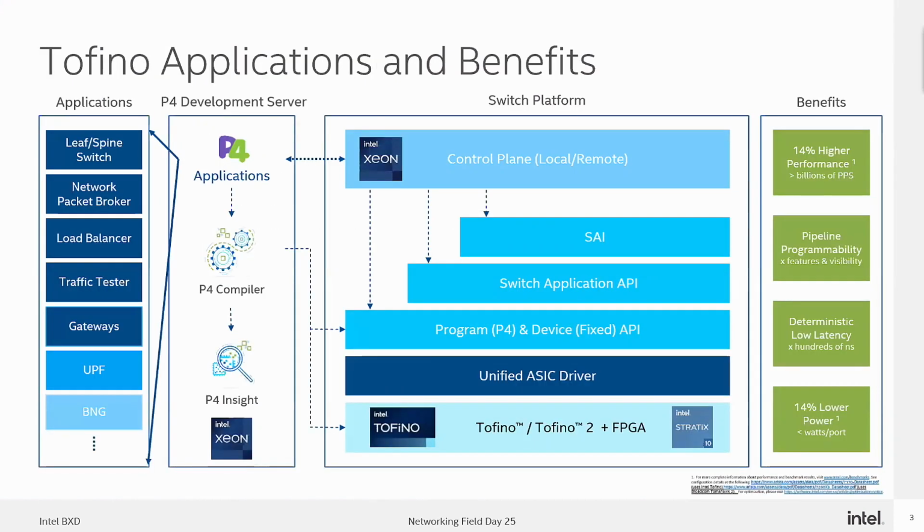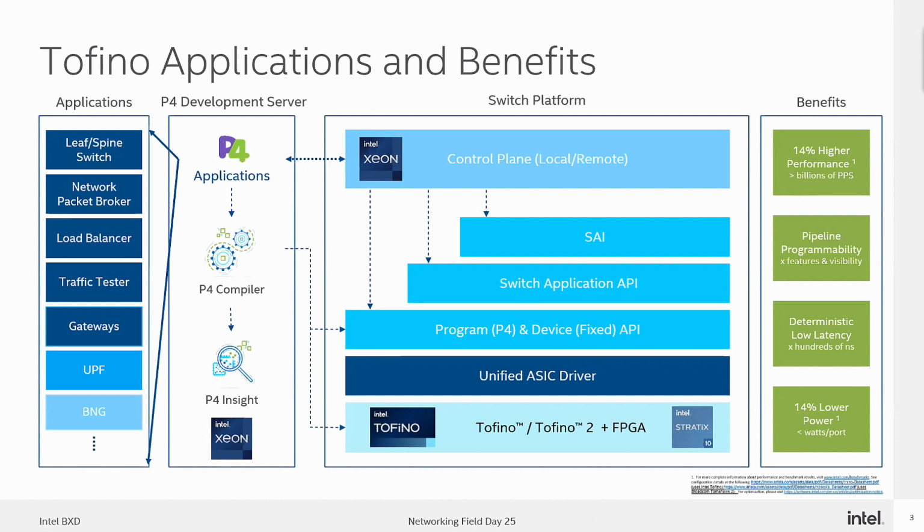And so let's look into what Tofino X is by first talking about the Tofino switch ASIC and the associated tools. As you may know, Tofino is a programmable Ethernet switch. The language used for programming Tofino is called P4.